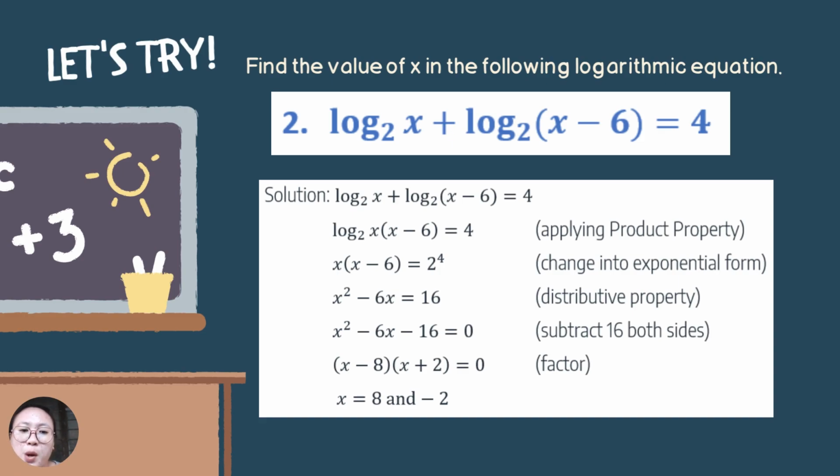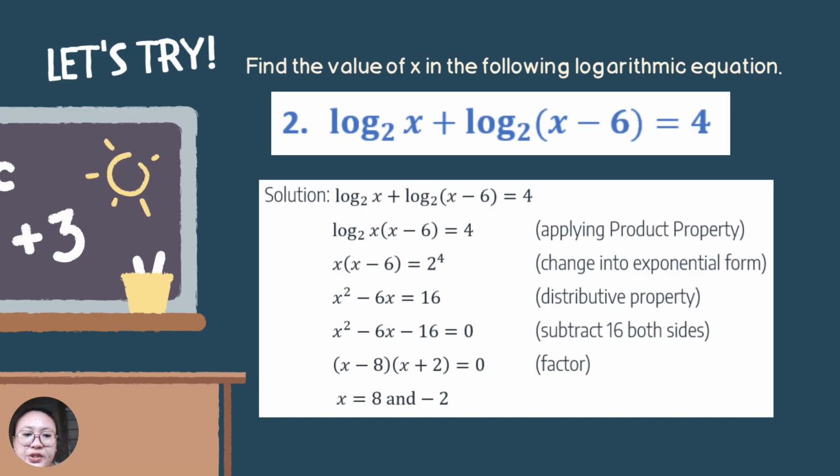Now applying the product property, this will become the logarithm of x times the quantity of x minus 6 to the base 2 is equal to 4. Now, changing this one into its equivalent exponential form, this will become x times the quantity of x minus 6 is equal to 2 raised to 4.